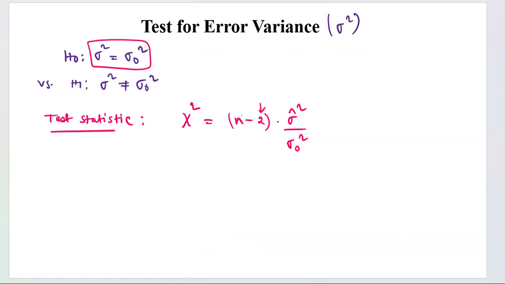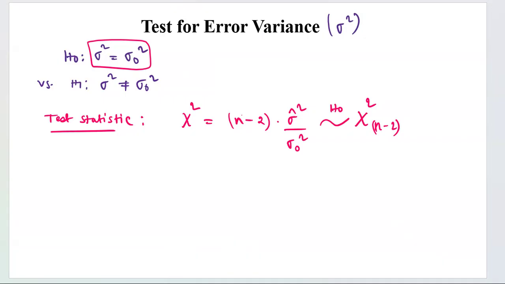But if you are extending it to the MLRM model, you have to substitute the particular value of k, right? So under H naught, it will follow a chi-square distribution with n minus 2 degrees of freedom. If you have k parameters, it will be chi-square with n minus k degrees of freedom. This will be the test statistic and its distribution.